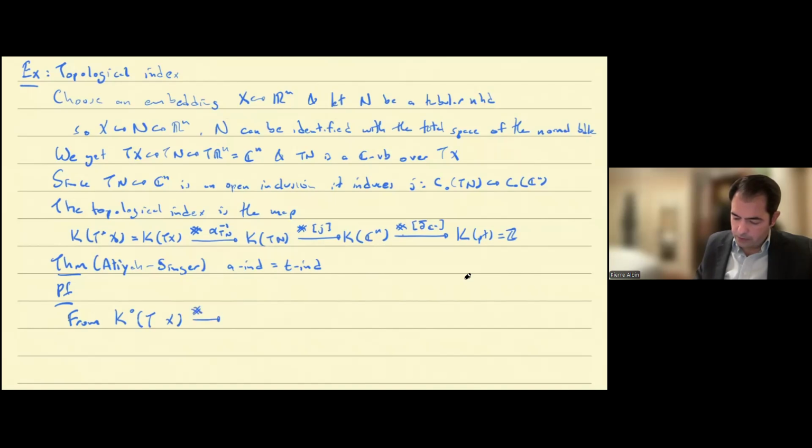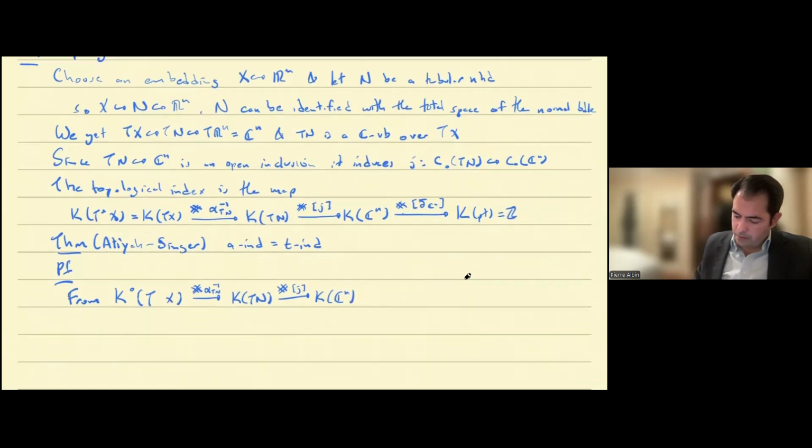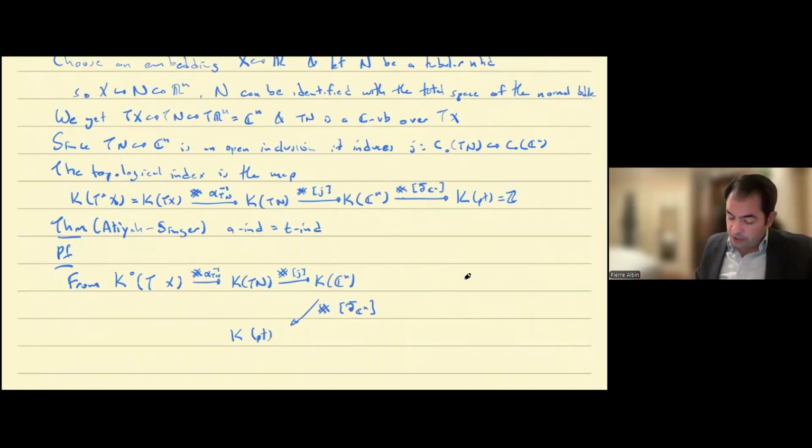Here, K of a point. Okay, so this is the route that we took to define the topological index.